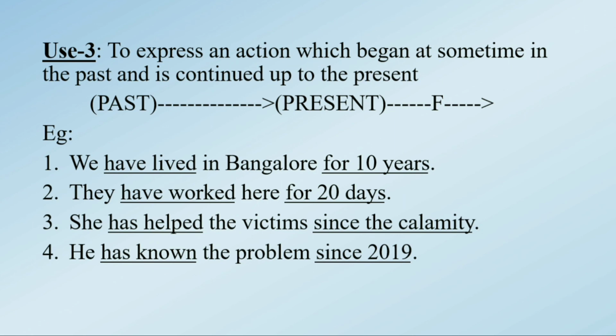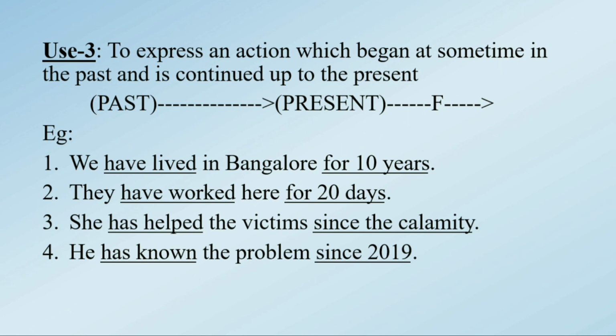That awareness of the problem is there since 2019 up to this moment. In this manner, observe, action began at some time in the past and is continued up to this present moment. In this context only, we have to use this present perfect, and observe the usage of for or since.